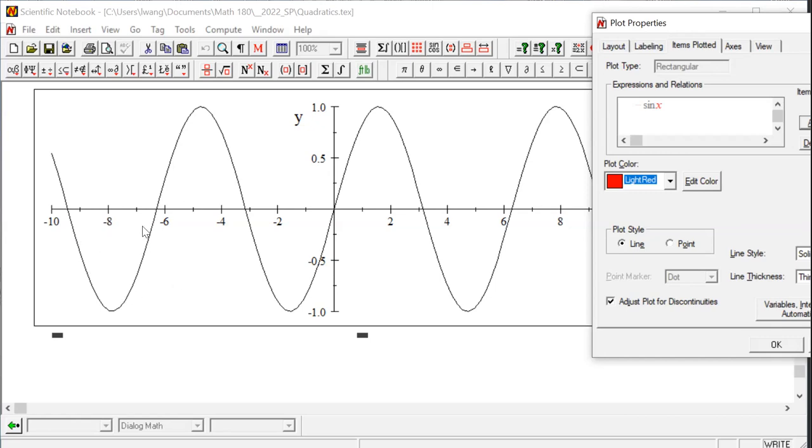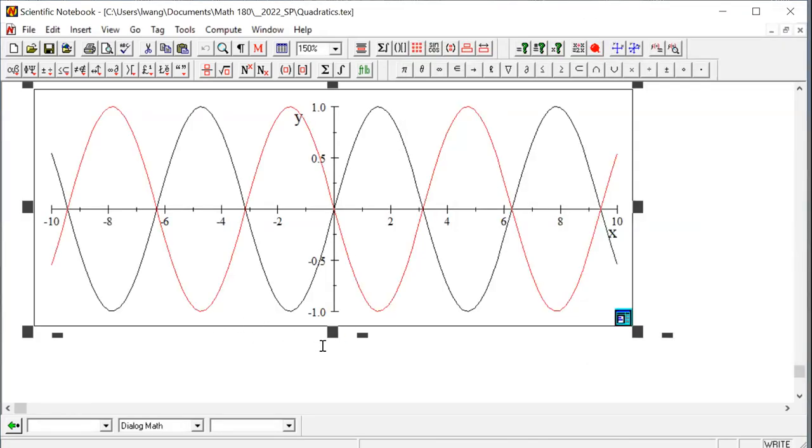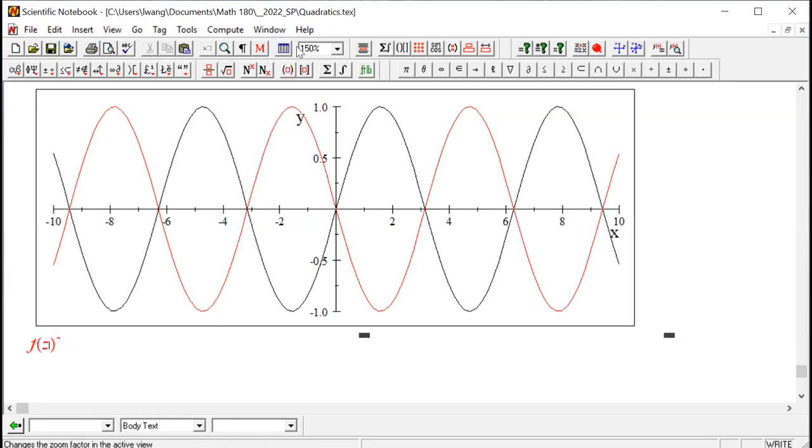So the negative piece is going to flip up, the positive piece is going to flip down, and the crossing at 0 stays the same. Let's see if that's true. Boom. This is the effect of f of x and negative f of x.